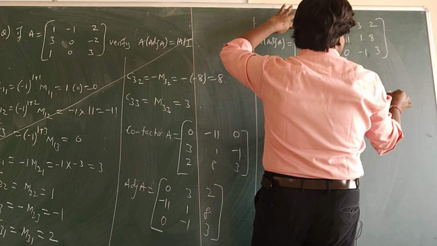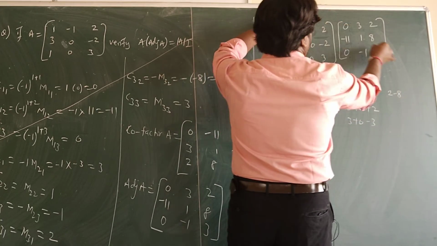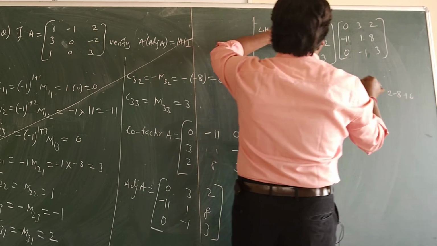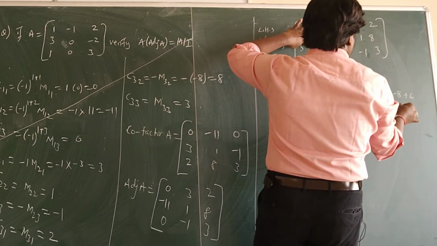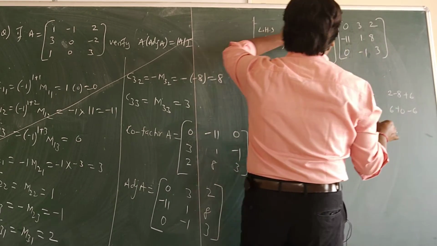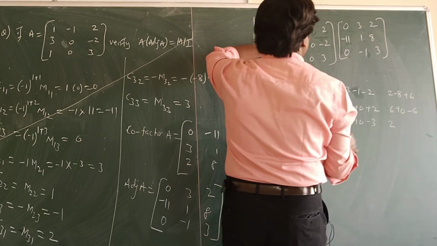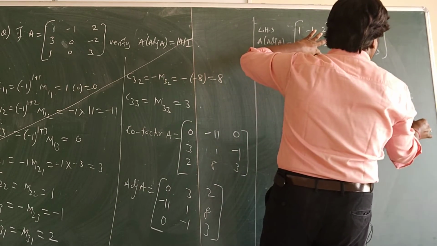1 into 2, 2, minus 1 into 8, minus 8, 2 into 3, plus 6. Now here, 3 2s are 6, 0 into 8, 0, minus 2 into 3, minus 6, 1 into 2, 2, 0 into 8, 0, 3 into 3, 9.